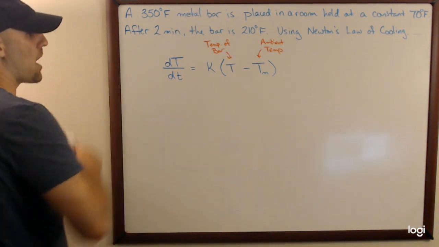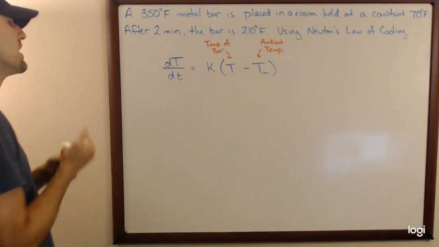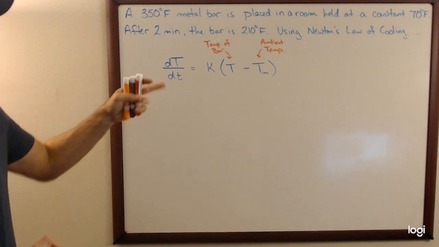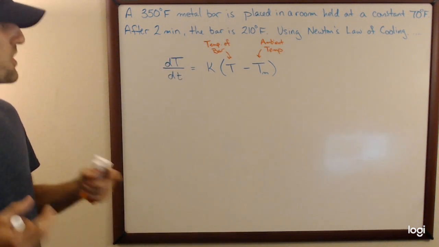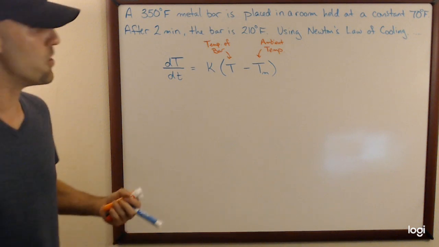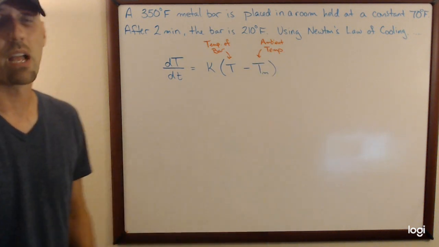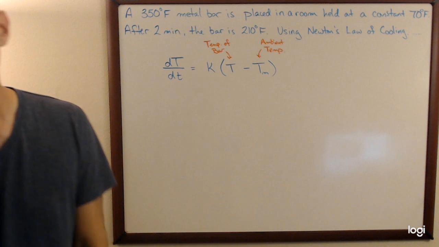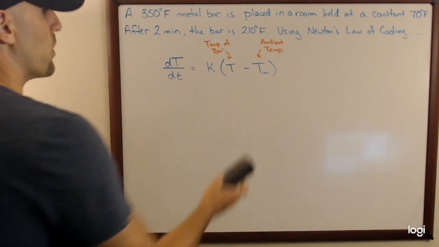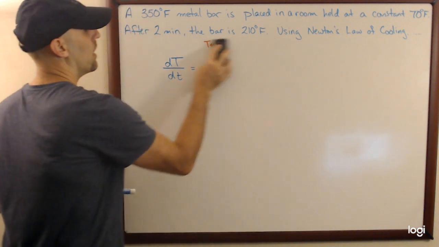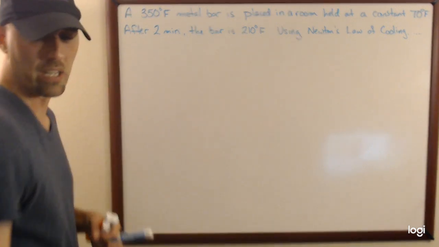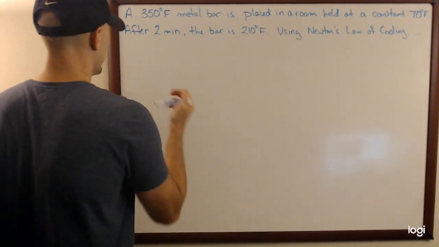So here's my model: dT/dt is equal to k times T minus T sub m. What do I know about this? Honestly, the only thing I know from this model is T sub m. I know that one's 70. So I'm going to erase this and rewrite it with what I know. We'll see if we can look through the problem and glean a little more information.